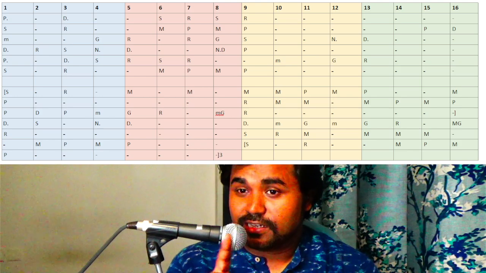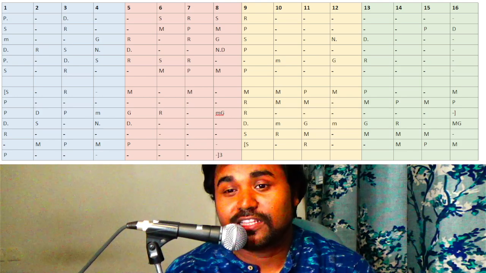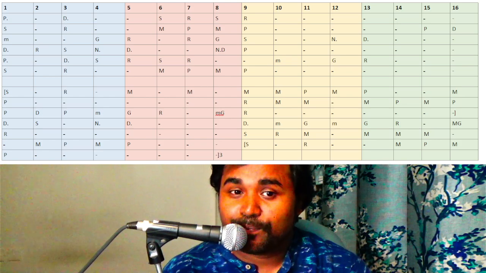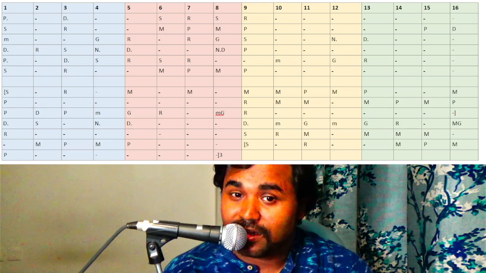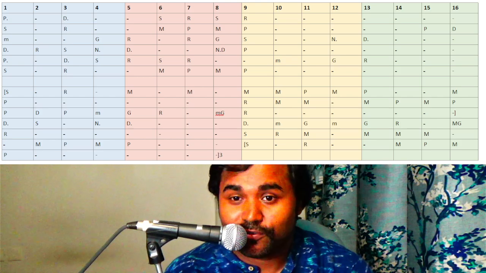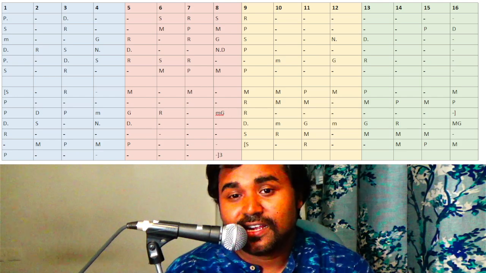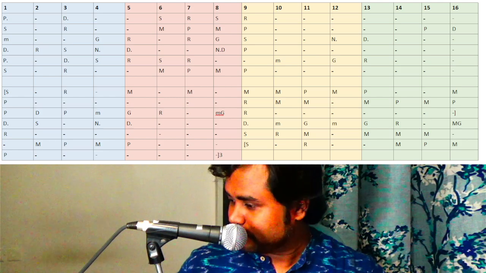So Ni Dha 1 2 3 Dha Re Sa Ni Dha 1 2 Ni Dha Pa 1 2 3 1 2 3 4, Pa Ni Dha Pa Dha Sa Re, Pa Ni Dha Sa Re of Ma Ga Re 1 2 3, Sa Re Ma Pa. Okay, let me play.